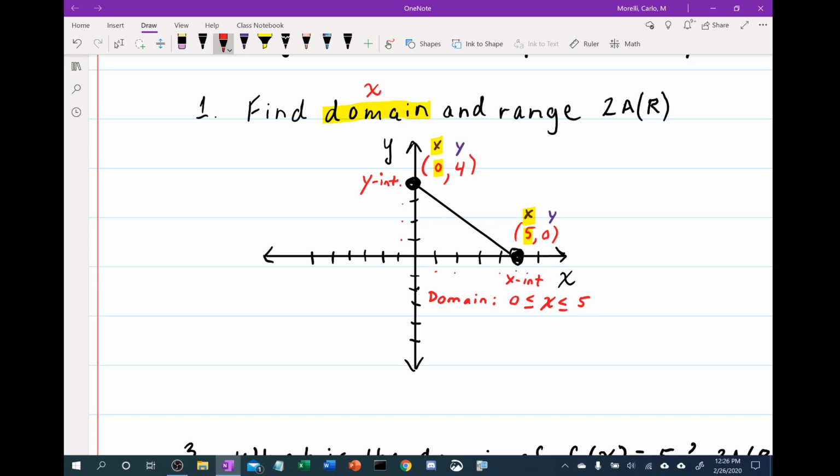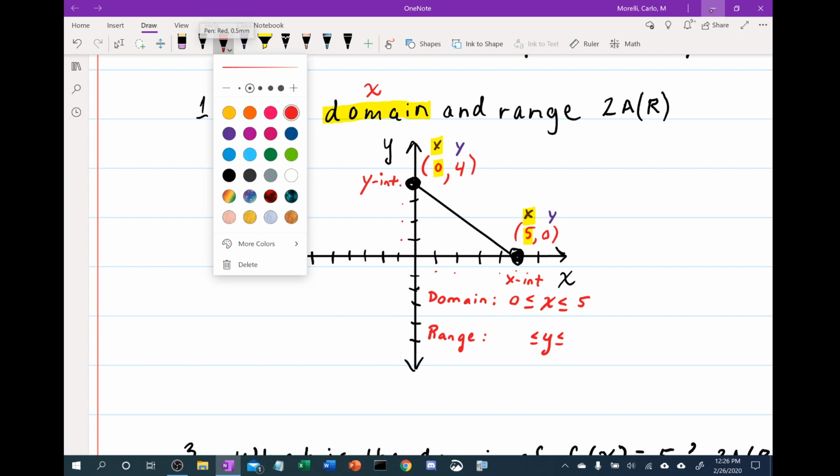Now we'll do range. We know range is y. So if you want to start thinking in template form, you could put your y here and put your symbols on either side. Now you just need to figure out what those numbers are. What is the smallest y value that this thing can be? 0.